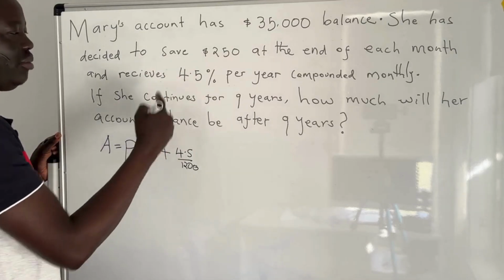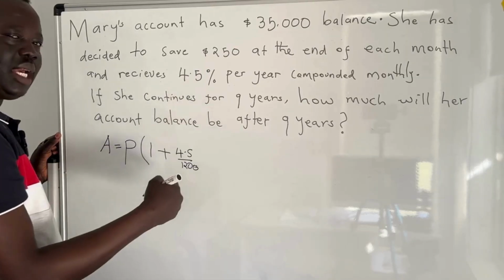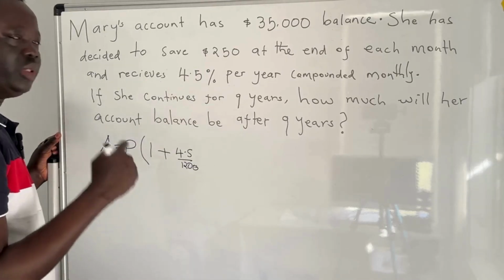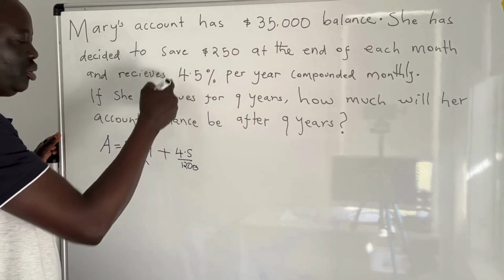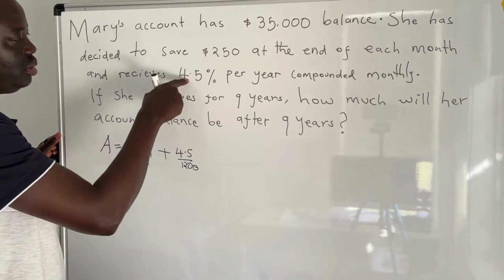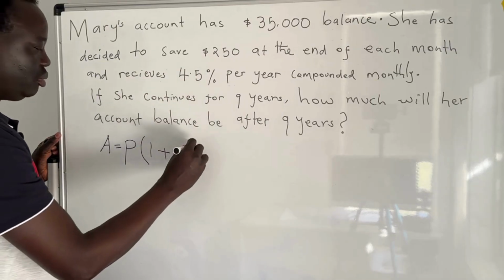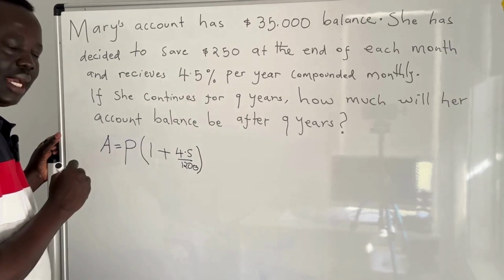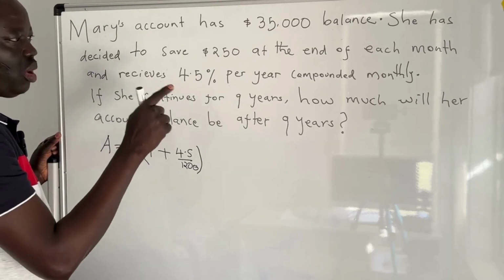Because of the space, I'll not be putting everything there, but I'll explain it for you to know what we're doing. We're converting this one into decimal, and that's why we have this 00. So we put that in bracket like that, and then raised to what?